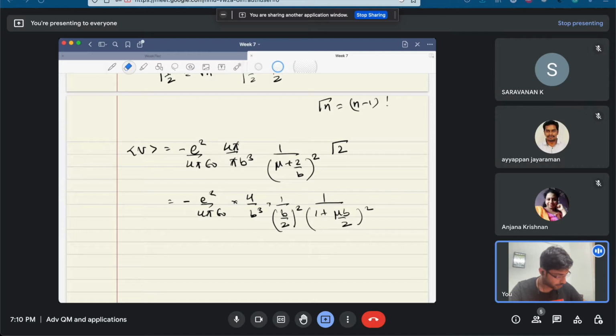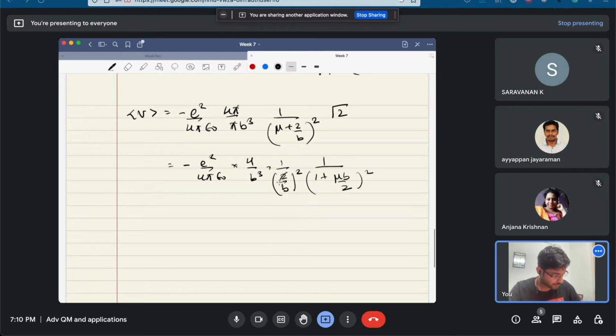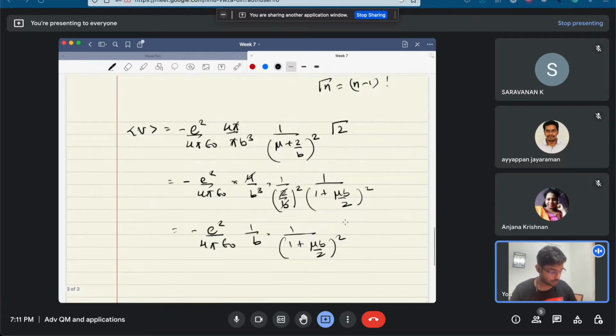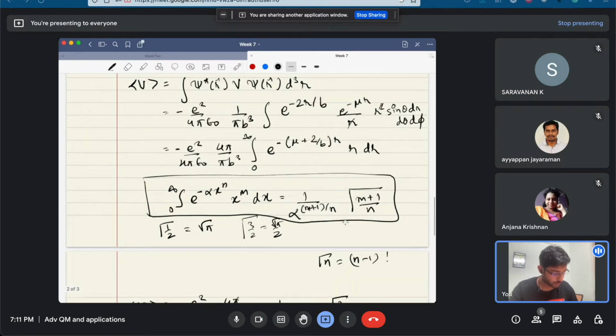Your b square cancels the cube, and we end up getting minus e square 4 pi epsilon naught 1 by b 2 plus mu by 2 whole square. So this was your potential part.